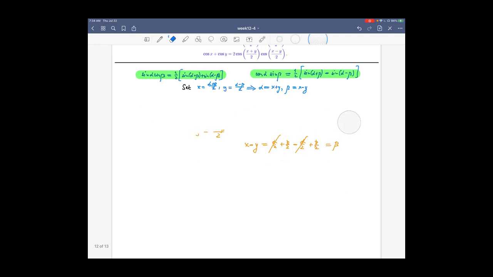So what we get in these formulas, say from this one, is that sine alpha, which is x plus y, times cosine beta, which is x minus y, equals 1/2 sine of alpha plus beta, which is x, plus sine of alpha minus beta, which is y.